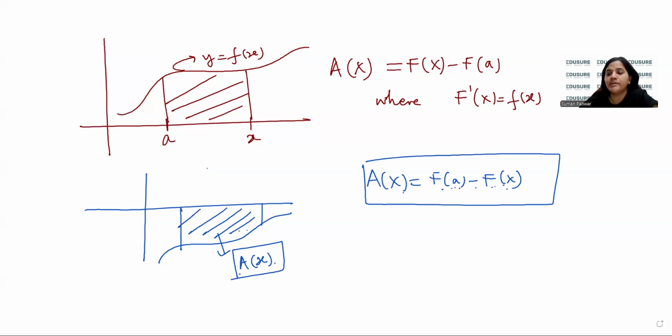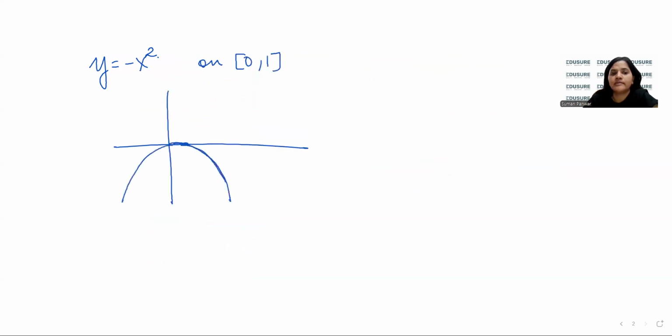Like, for example, if you consider y is equal to minus x square, and you calculate the area on 0, 1 again. So this is going to be like this, and this is y is equal to minus x square, and this is x equals to 0. Suppose this is x equals to 1, and suppose we are calculating this area.